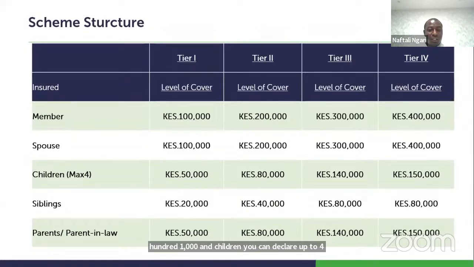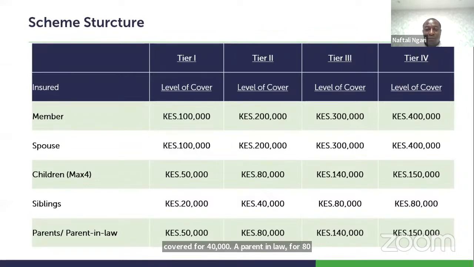Siblings are covered for 20,000. Parents and parents-in-law 50,000. The second level, we have the member being covered at 200,000. That is the member and the spouse. The children are covered for 80,000. Siblings are covered for 40,000. Parents and parents-in-law covered for 80,000.